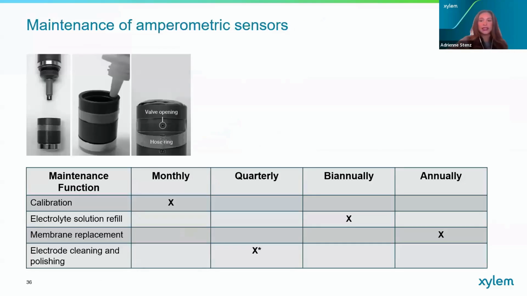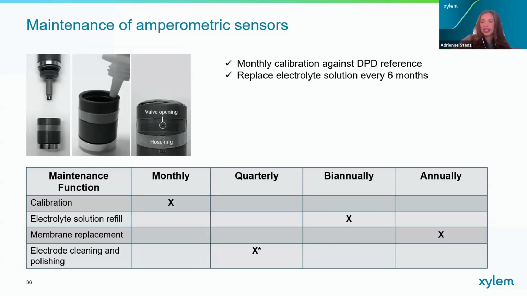When it comes to maintenance of amperometric sensors, the following things are required. Calibration is required to keep these sensors accurate for your water. We recommend calibrating this sensor monthly against a DPD reference test. That way, you know the sensor signal matches a trusted standard.